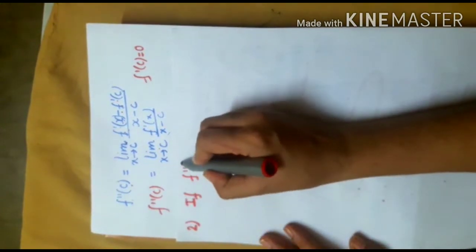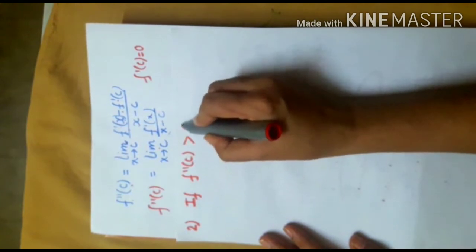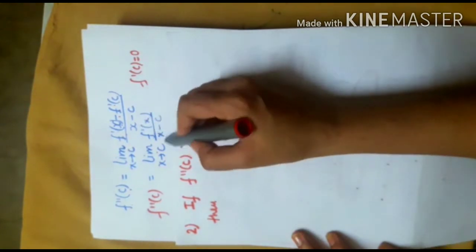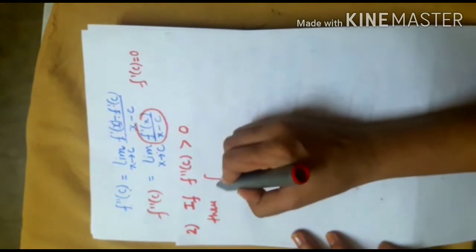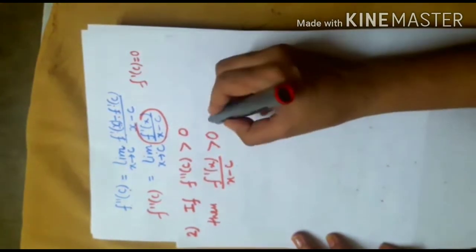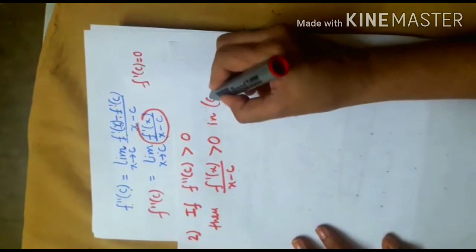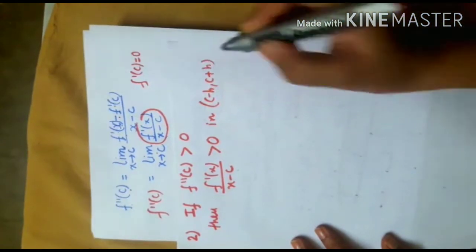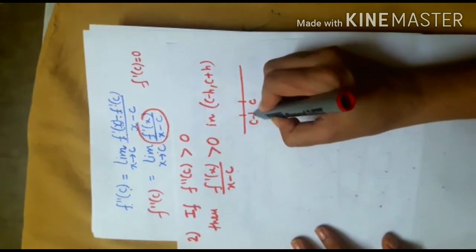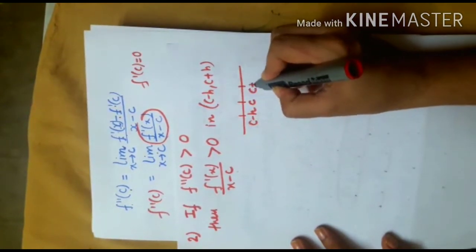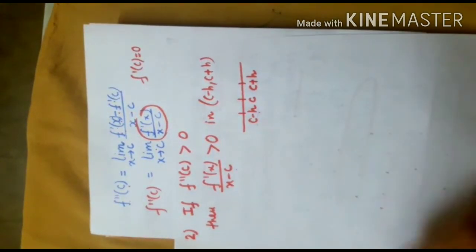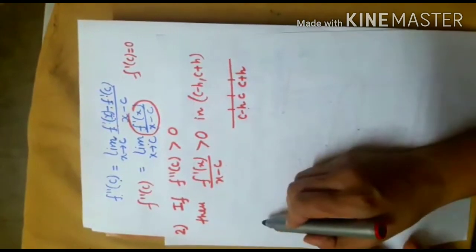If the second order derivative at c is positive, then f dash x over x minus c is greater than 0 in some interval c minus h to c plus h. This is c, this is the neighborhood of the point c, c minus h to c plus h, right? Yes. Now look here.